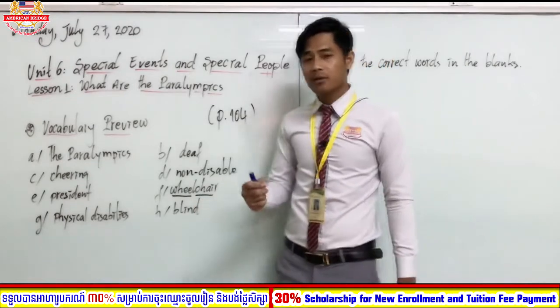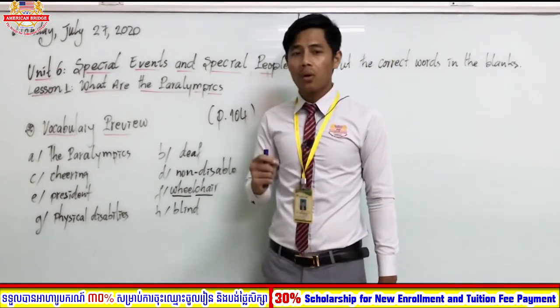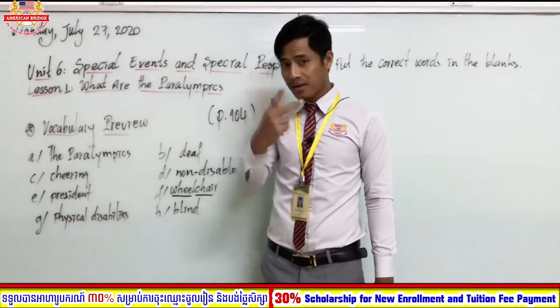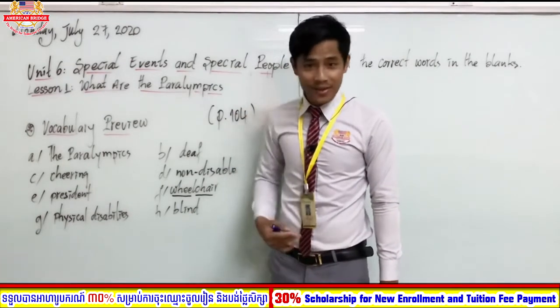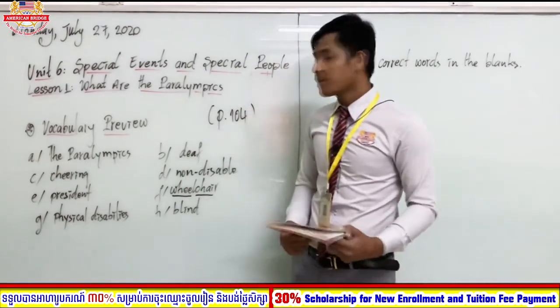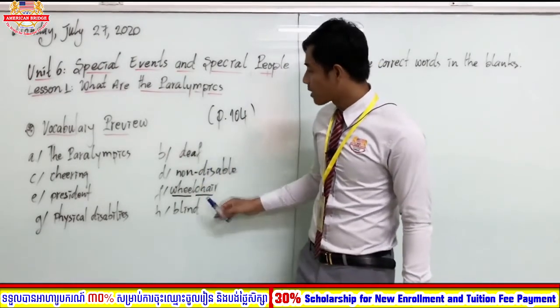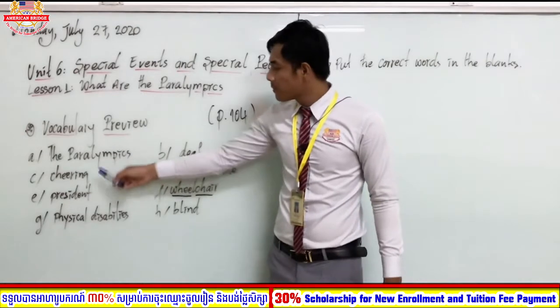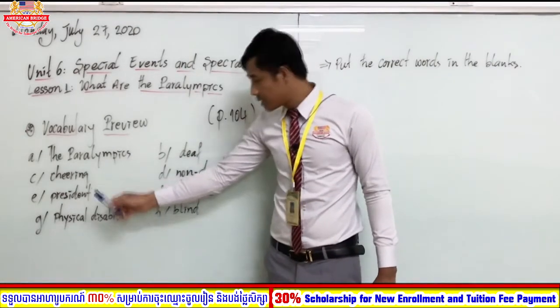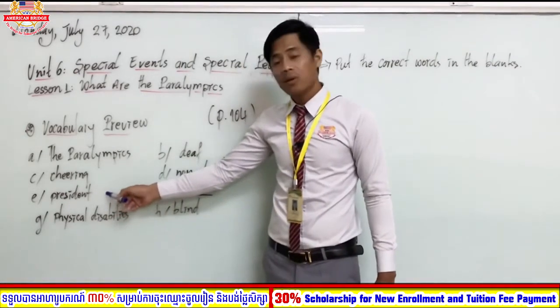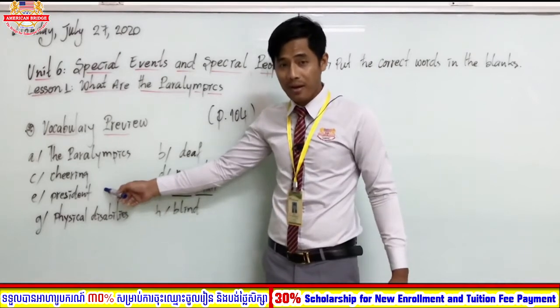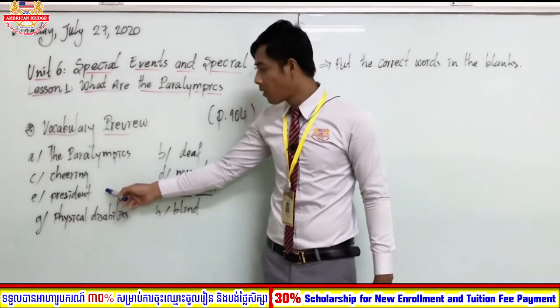So plant, we talk about people who cannot see, right? Good. Now that's all for the vocabulary, everyone. Let the teacher read all of this vocabulary for you again. Paralympics, cheering, president. A president, we talk about the people who control or manage the country.